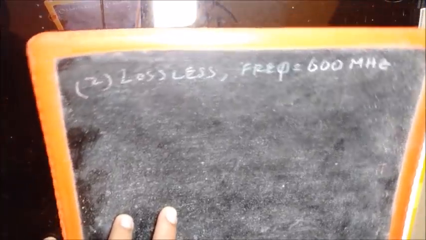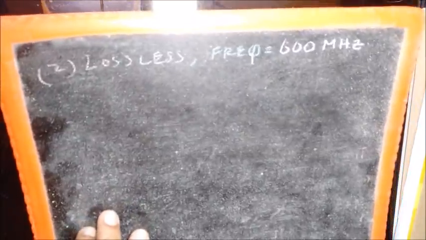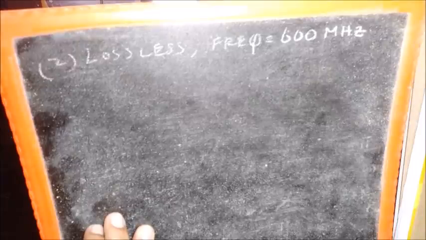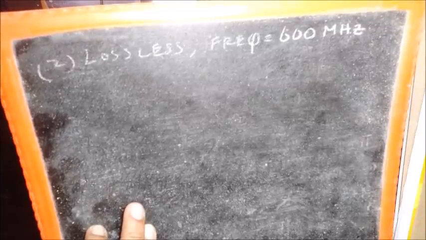That means the source which is passing the signal through the transmission line operates at a frequency of 600 megahertz.